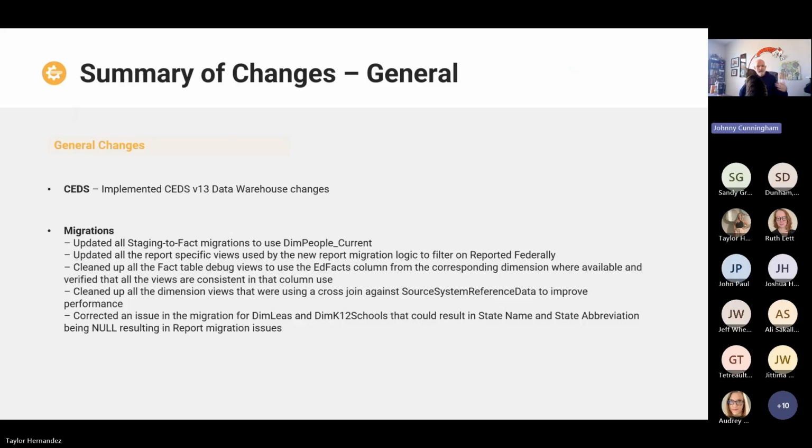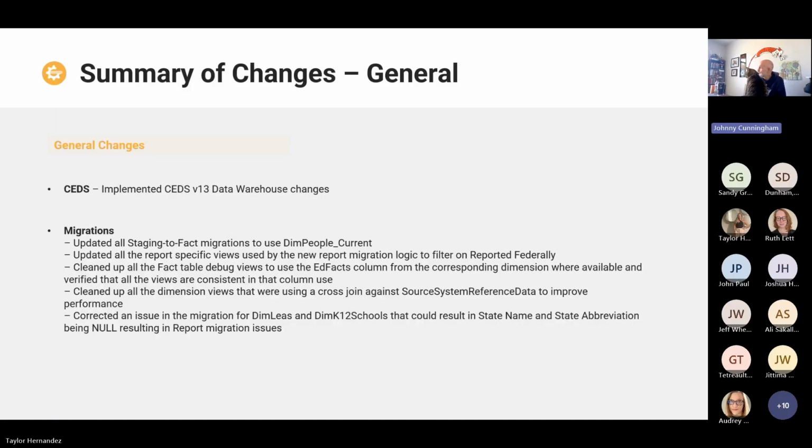Okay, so general changes, this is where we'll spend a little bit of time. The big one, we implemented the CEDS version 13 data warehouse changes. Typically we would do this on our numbered release, the .0 release. We were behind on this one.